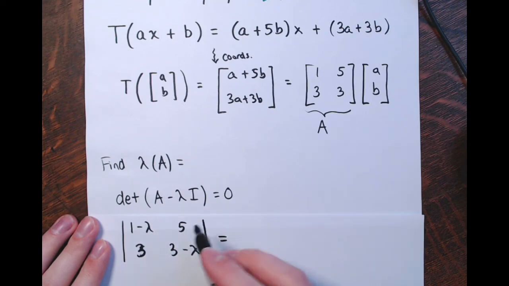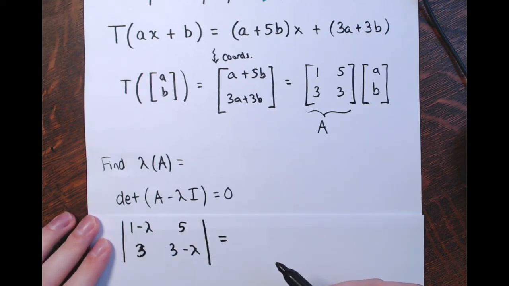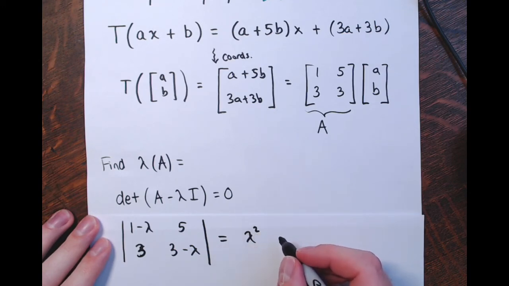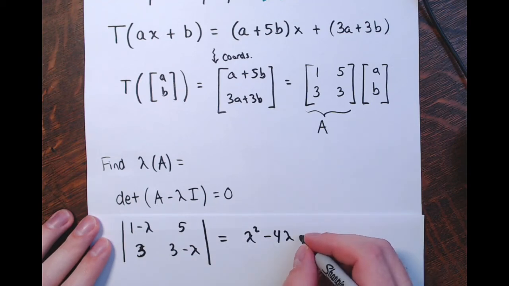And this would be equal to 1 minus lambda times 3 minus lambda, that'd be lambda squared minus 4 lambda plus 3, and then you have minus 15, so plus 3 minus 15 would be minus 12.